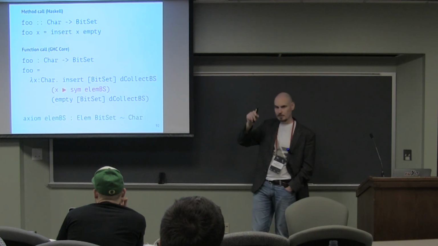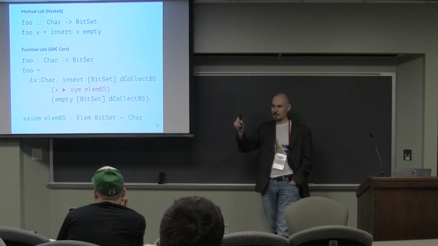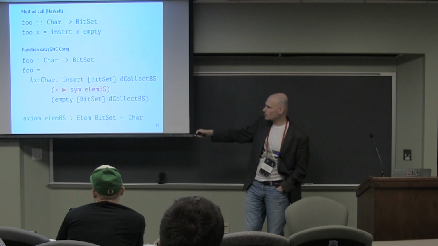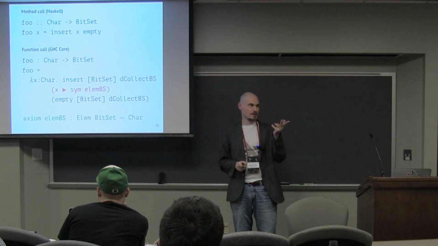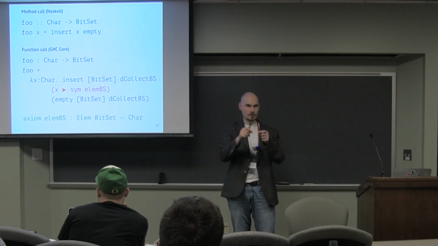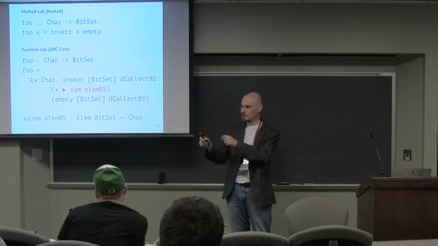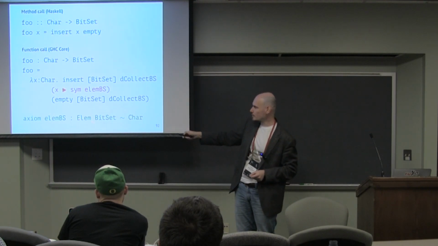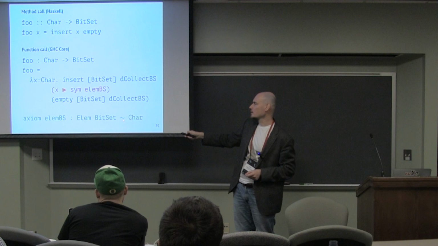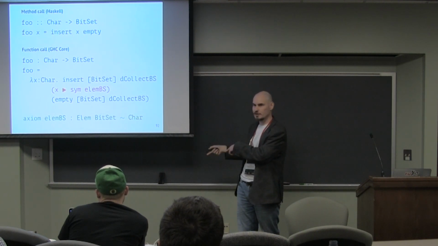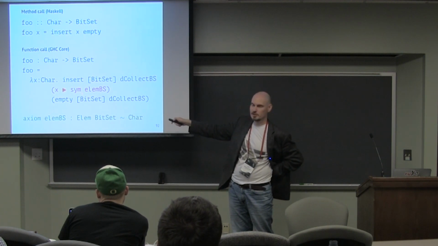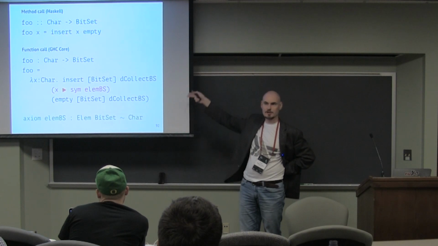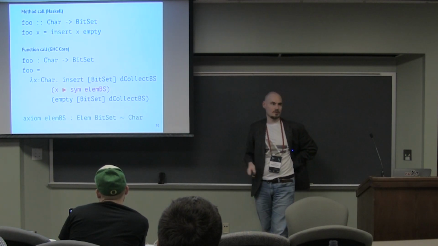Again, this cast operator casts to the right-hand side. So the axiom has char on the right-hand side, but we need the opposite direction. We have a char, but we want to coerce it into LM bit set. So we use symmetry, then it goes around, and then we have char coercible to LM bit set. And then we say, well, this x actually is coercible to LM bit set, so it has this type, and the type checker is fully satisfied with this code.